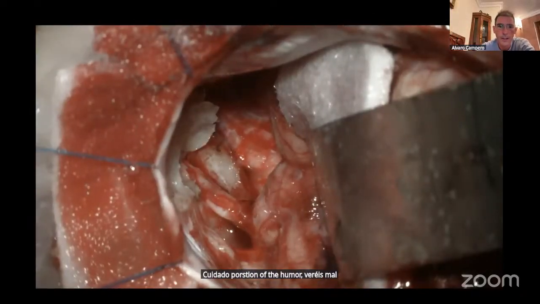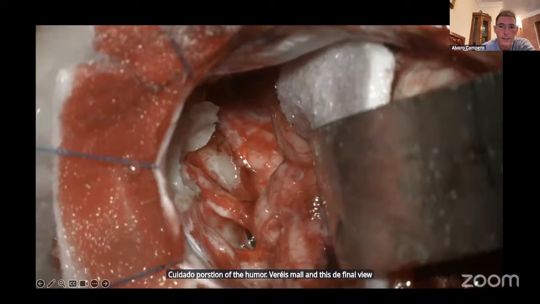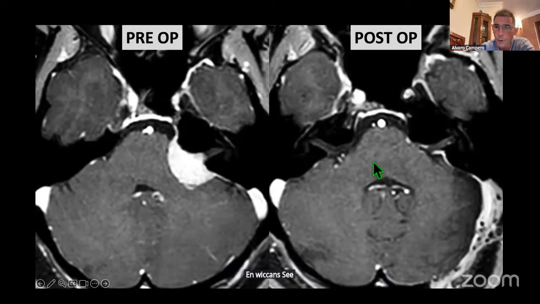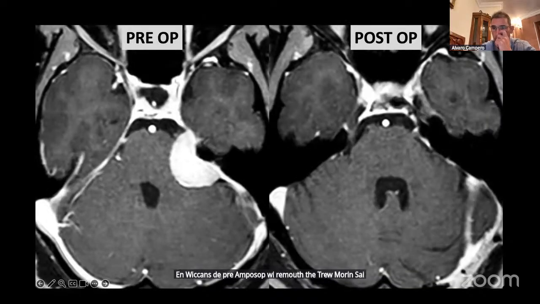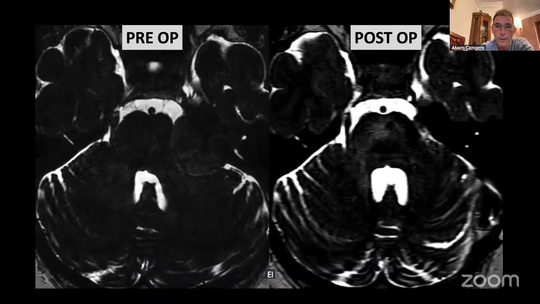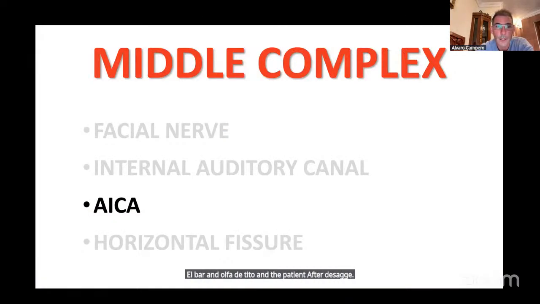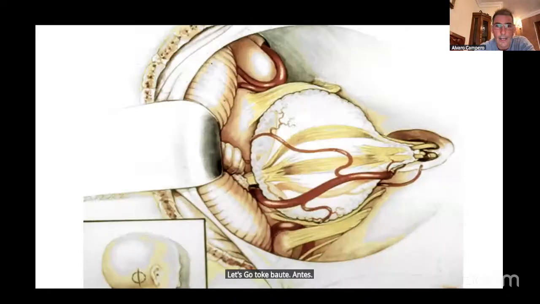And this is the final view with the drilling of the internal auditory canal. And we can see the pre and post-op. We removed the tumor inside the internal auditory canal and a little bit above, and also the T2, and the patient after the surgery.